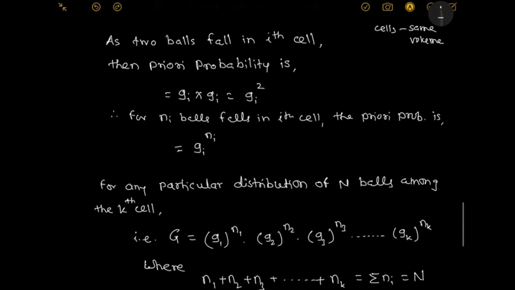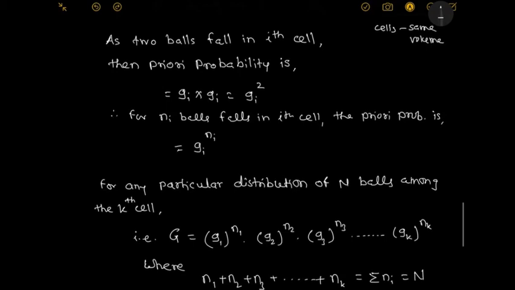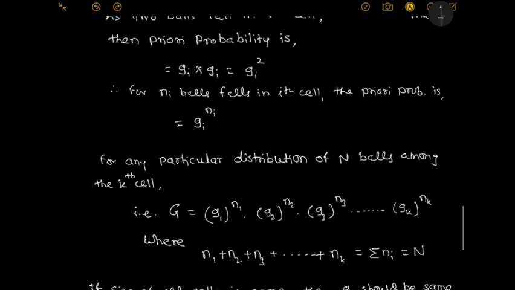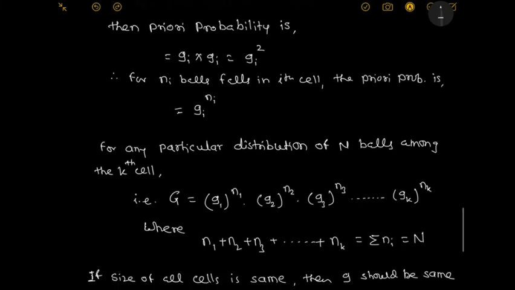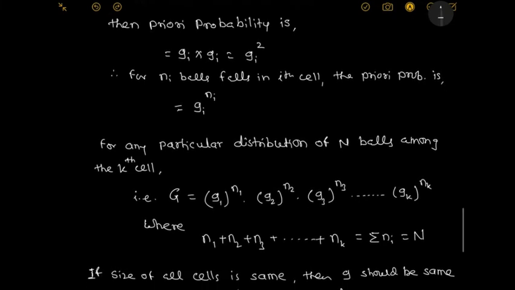Therefore, the total number of balls, we write n1 plus n2 plus n3 up to nk, equal to the summation of ni, that is capital N.